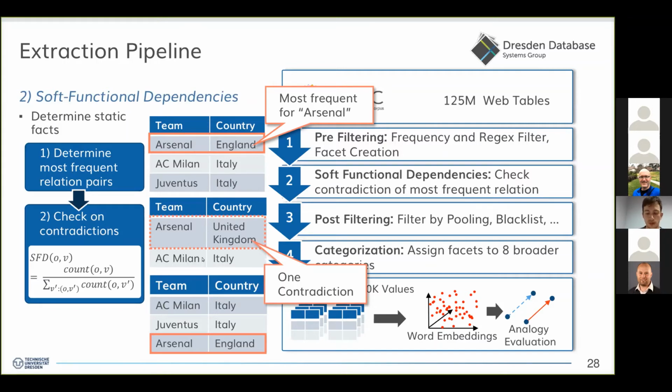And then we calculate the soft functional dependency value, which determines the amount of non-contradictory tuples, which is 2/3 in the case of Arsenal, England. And then we only retain word pairs which occur frequently enough and which have a high enough SFD score.